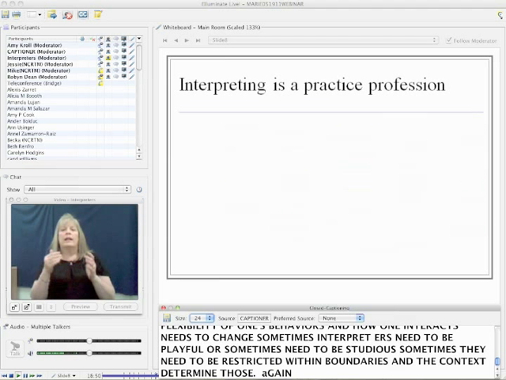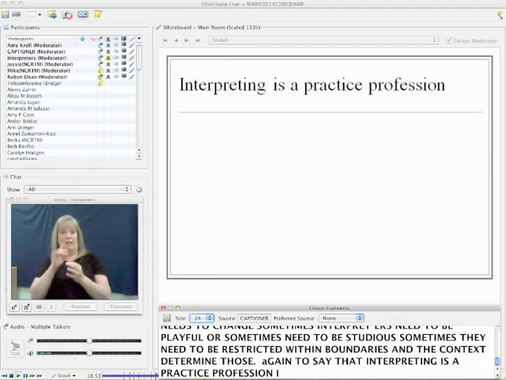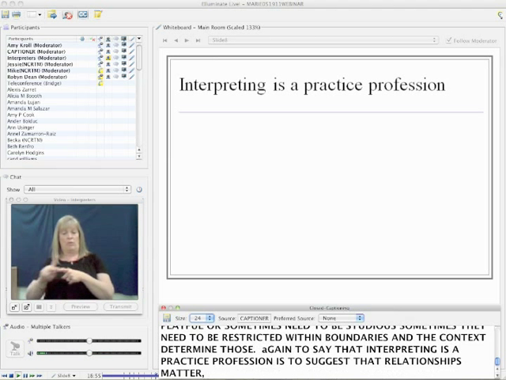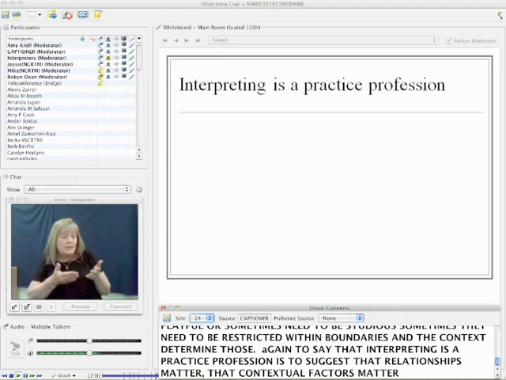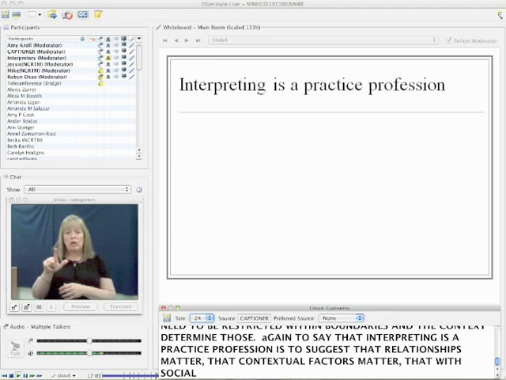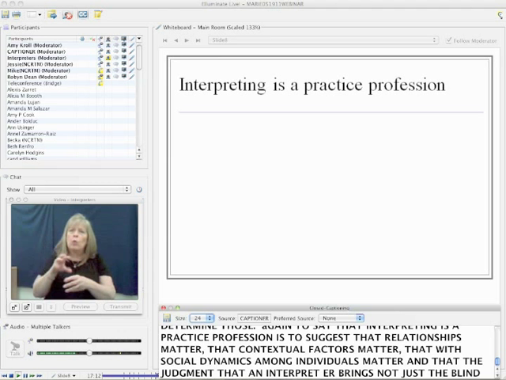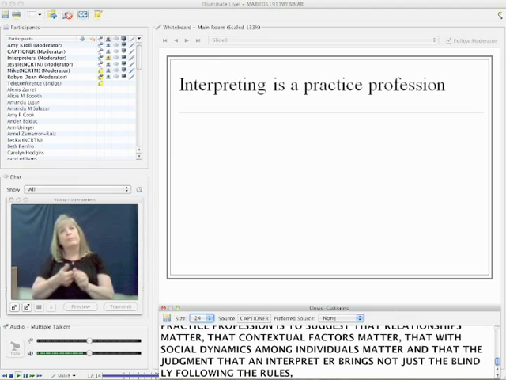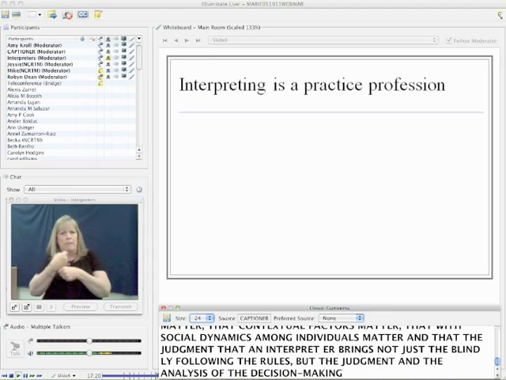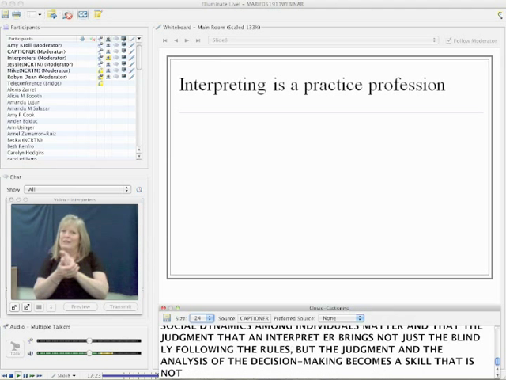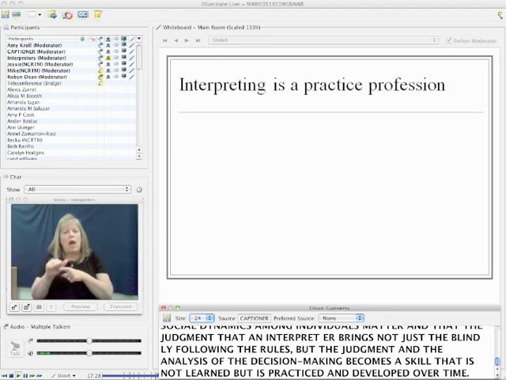Again, to say that interpreting is a practice profession is to suggest that relationships matter, that contextual factors matter, that the social dynamics amongst individuals matter, and that the judgment that an interpreter brings, not just blindly following the rules, but the judgment and the analysis of decision-making becomes a skill that is not learned, but is practiced and developed over time, like all other practice professions.